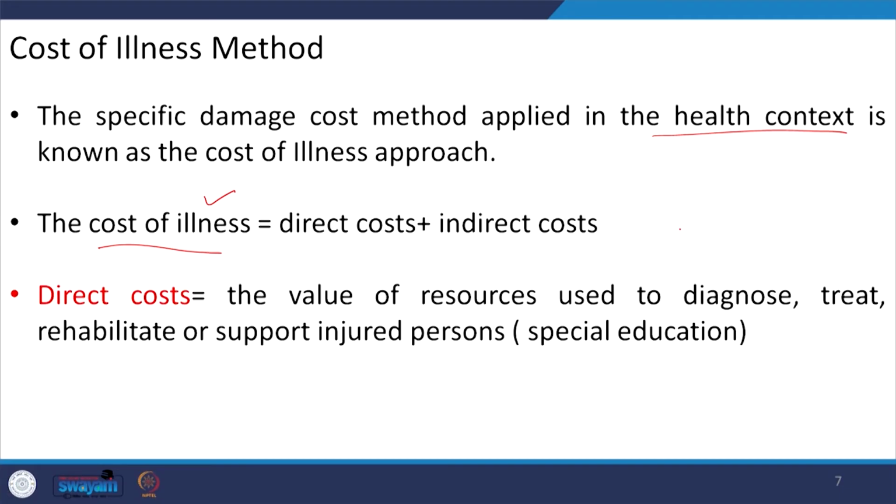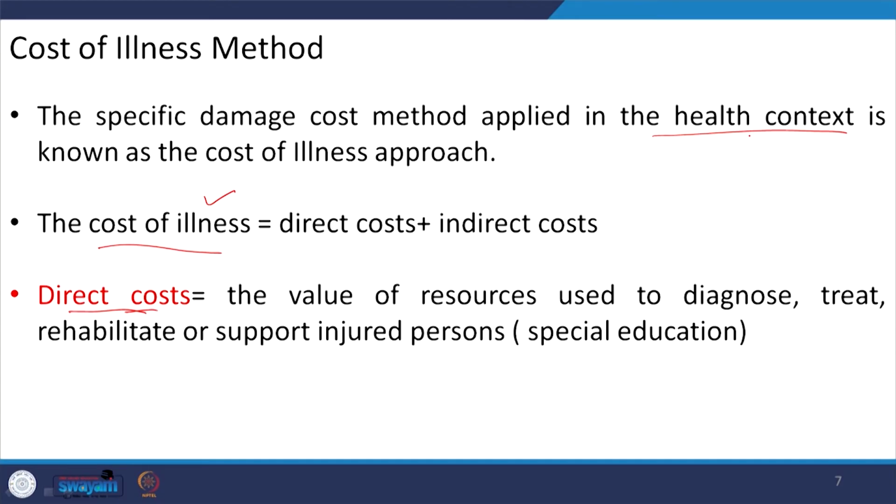So, when pollution increases, how it impacts health, and what kind of costs we incur in terms of health expenditure or something related to health because of the increase in pollution.